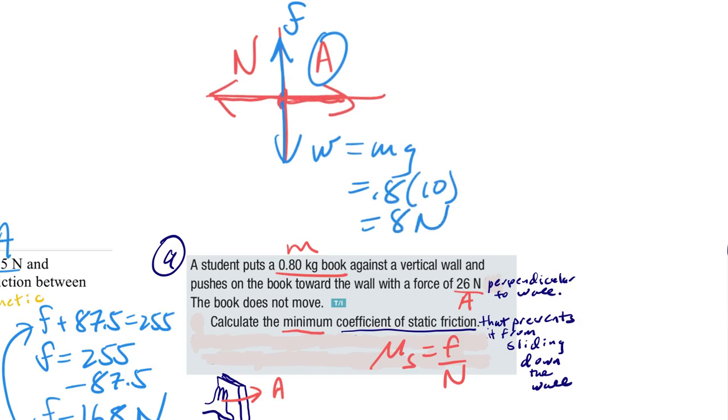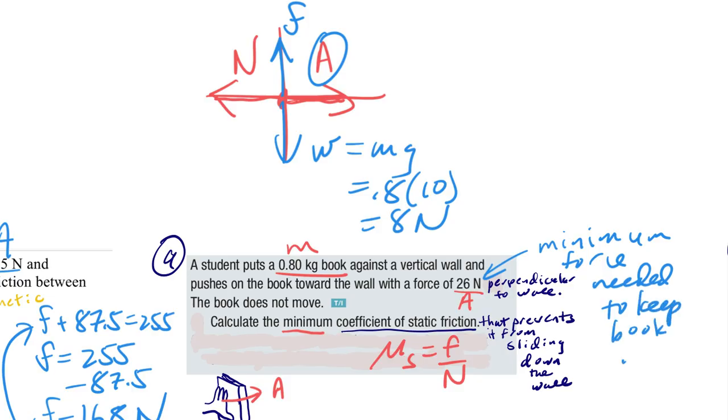Now I should have told you that this right here is the minimum force needed to keep the book from sliding. If I pushed any harder, it would just stick better to the wall as I held it. But if I pushed any less, it would slip off the wall.